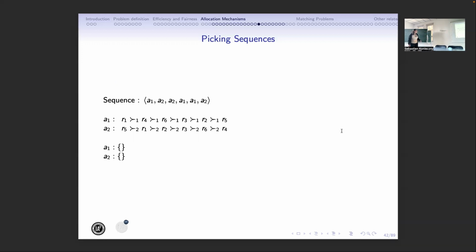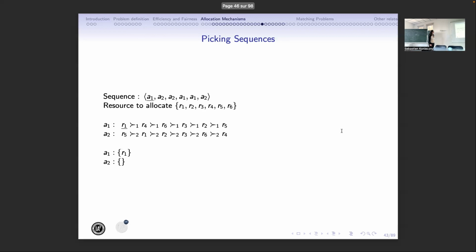So we will give an example. In this case, we have an alternating sequence with agent 1, agent 2, agent 2, agent 1, agent 1, agent 2. Here we have the preferences of the agents, and here we have the allocations. At the beginning, the allocation is empty for both agents.